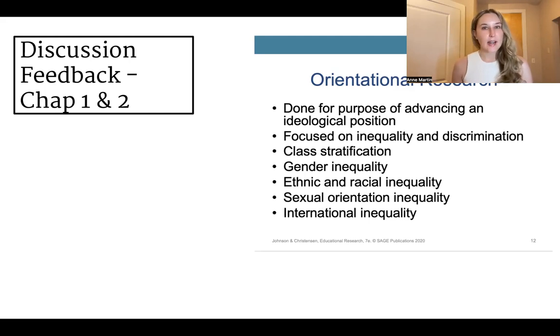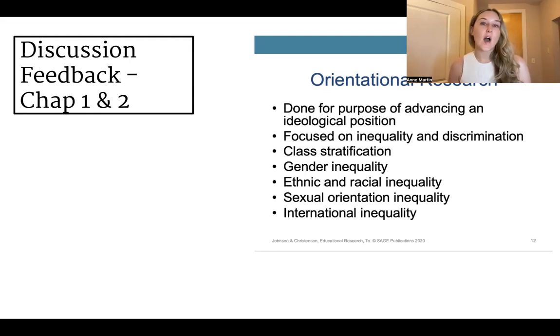And they might have more specific assumptions related to race or gender, but their overarching assumption is that there is this power imbalance in our society that is wrong. And so in order for critical research to rise to the standards of empiricism and in order to be considered science, researchers make clear what their ideological position is before conducting their research.